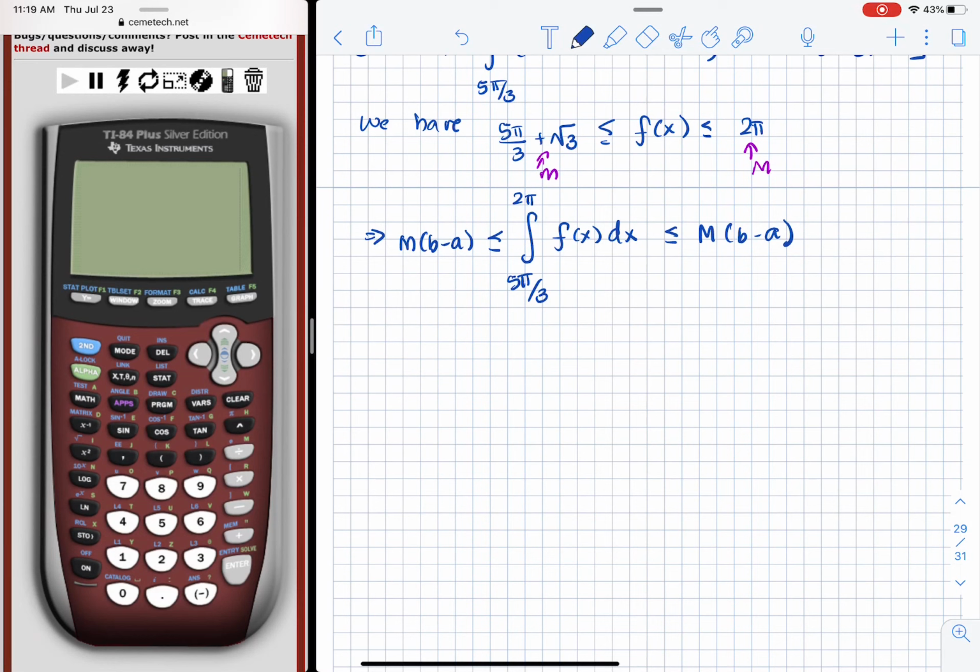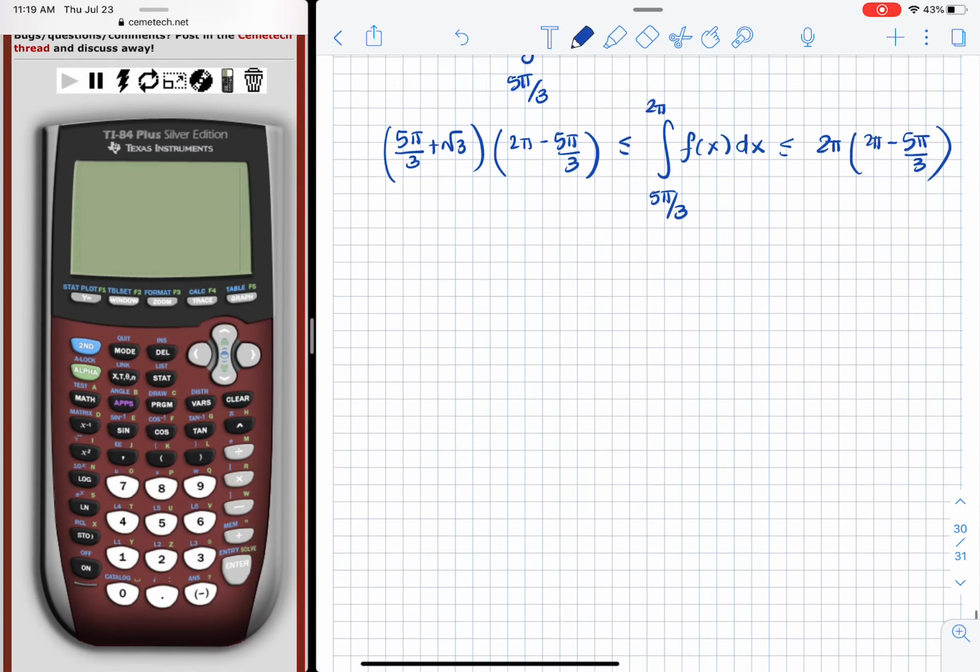Lowercase m is 5 pi over 3 plus root 3, 2 pi minus 5 pi over 3, and uppercase m is 2 pi multiplied by 2 pi minus 5 pi over 3.